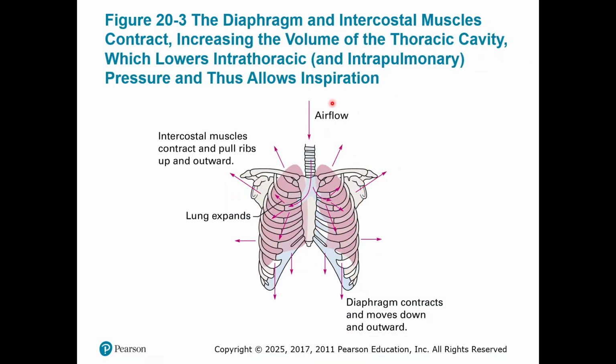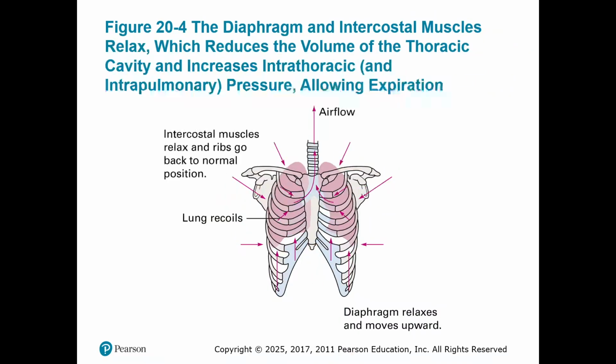That vacuum allows, when you take a breath in, for that air to get down to the alveoli. That's why we're talking about pressure: it's super important for alveolar ventilation to get the air down there. If it was bronchial ventilation, it wouldn't be as important. But when you already have so much dead air space and you're only getting a few hundred milliliters of air to the alveoli, it's super important that we get it there.